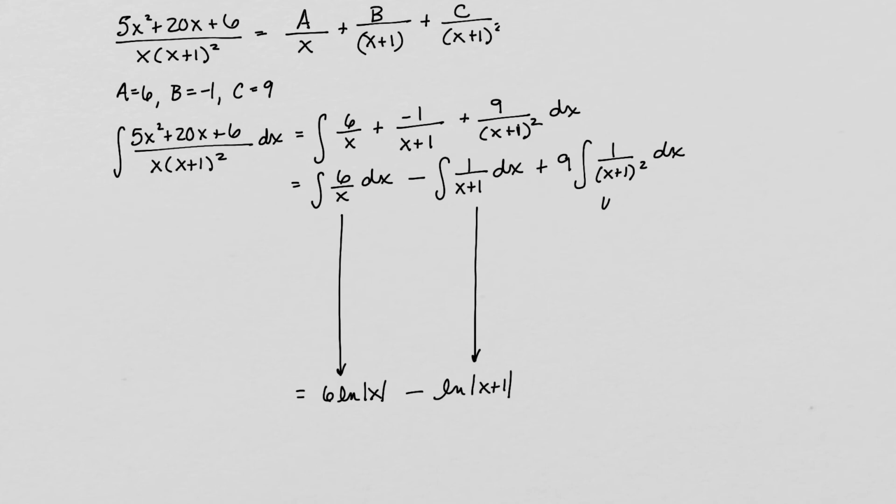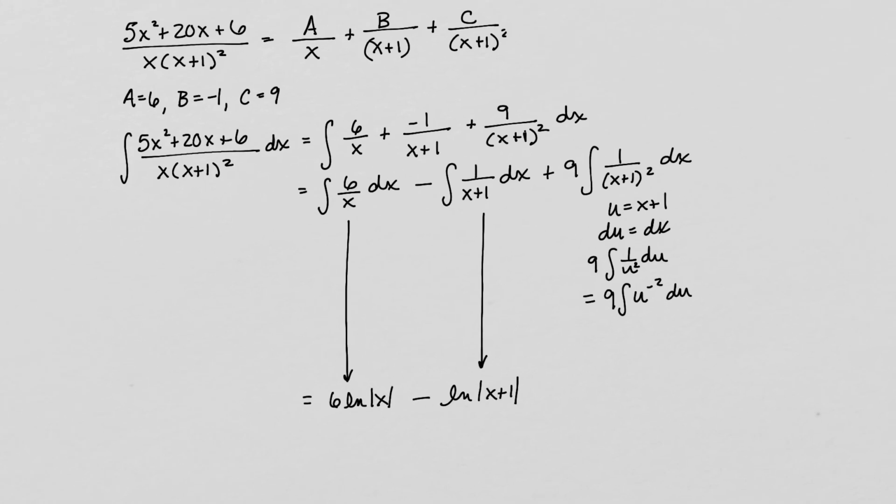So if I let u be equal to x plus 1, the innermost stuff, my du is going to be equal to just dx. So that's easy enough. So this is going to become 9, the integral of 1 over u squared du, which is going to be 9 times the integral of u to the minus 2 du.